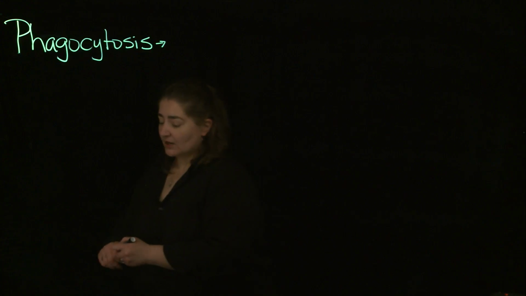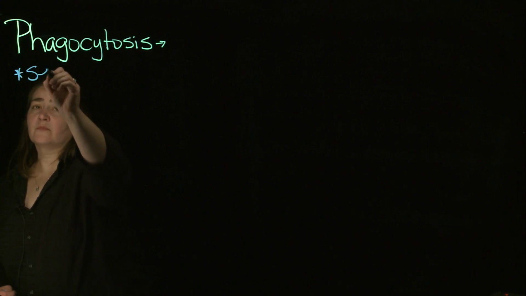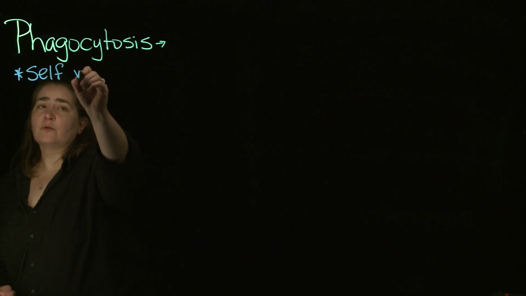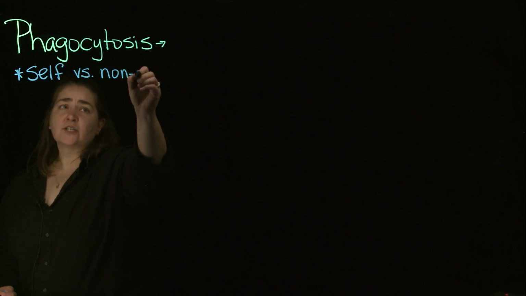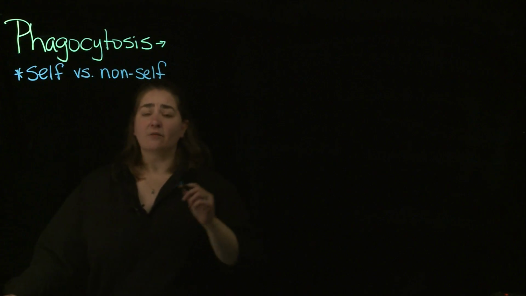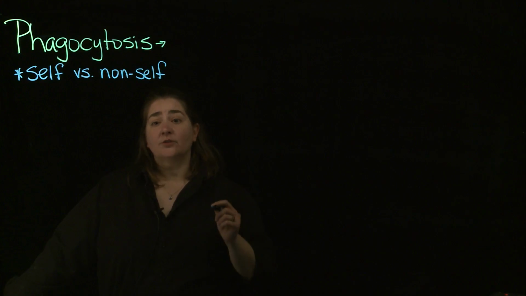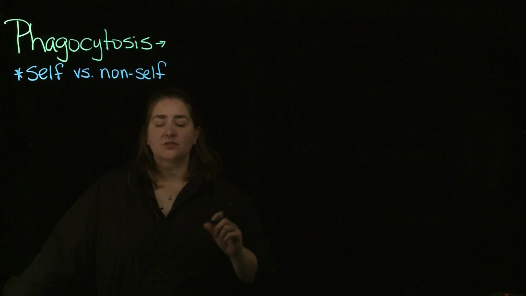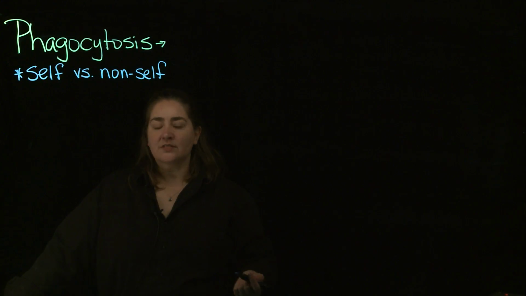Now, one of the key things with the immune system that we will talk about a little bit now and a little bit more in chapter 17 is the concept of self versus non-self, okay? Because you don't want your neutrophils or your macrophages to start engulfing and breaking down the cells of your liver or your nervous system or your kidneys, okay?